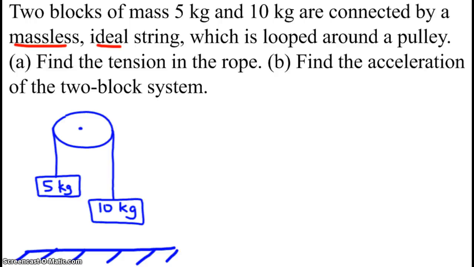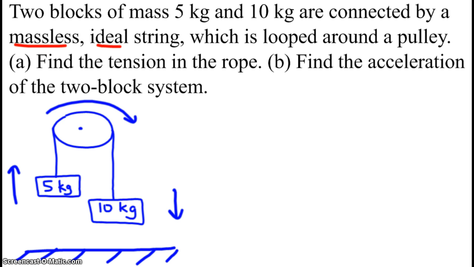So which way are the blocks going to move? Are they going to move this way or this way? Well, we see there's a 10 kilogram block that's heavier than the 5, so the 10 kilogram block pulls down harder, and that will cause the wheel to go this way. The 5 kilogram block will raise up, 10 will go down.